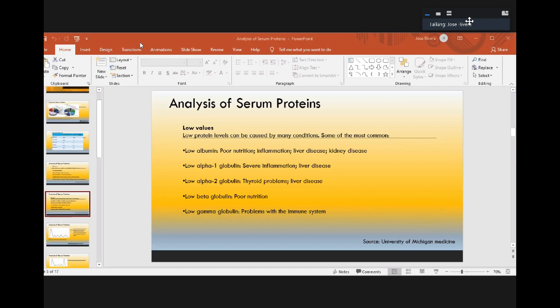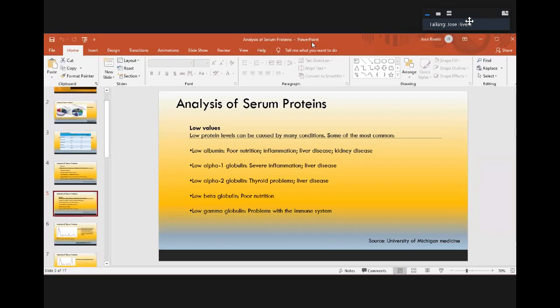One way to analyze them is to run gels of the patients, or even animals, to see how these proteins are distributed, the amounts. You run a gel and you get a pattern of fractions, and depending on the gel, the fractions represent the different proteins.